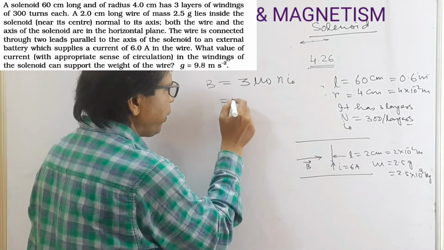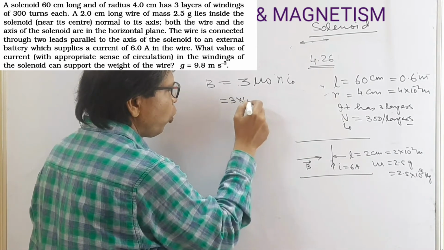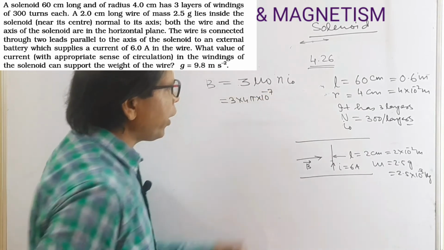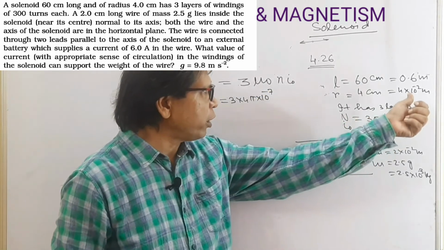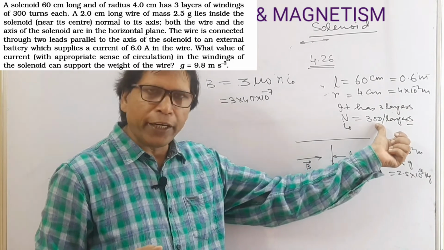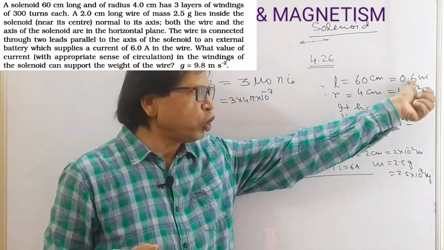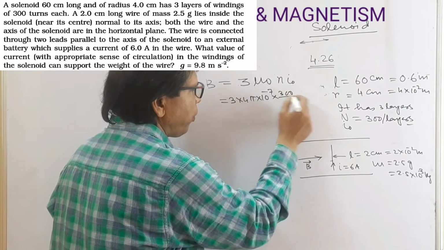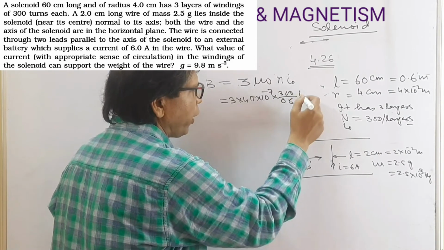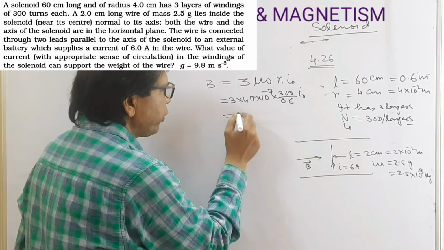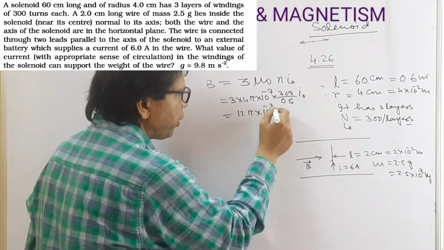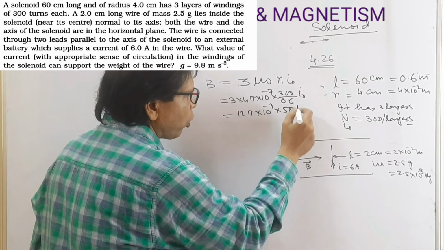Now the magnetic field is 3 into 4 pi into 10 to the power minus 7. And now look at the number of turns per unit length. Total number of turns 300 and length is 0.6. So this is 300 divided by 0.6 into I naught. Now this is 12 pi into 10 to the power minus 7 into 500 I naught.